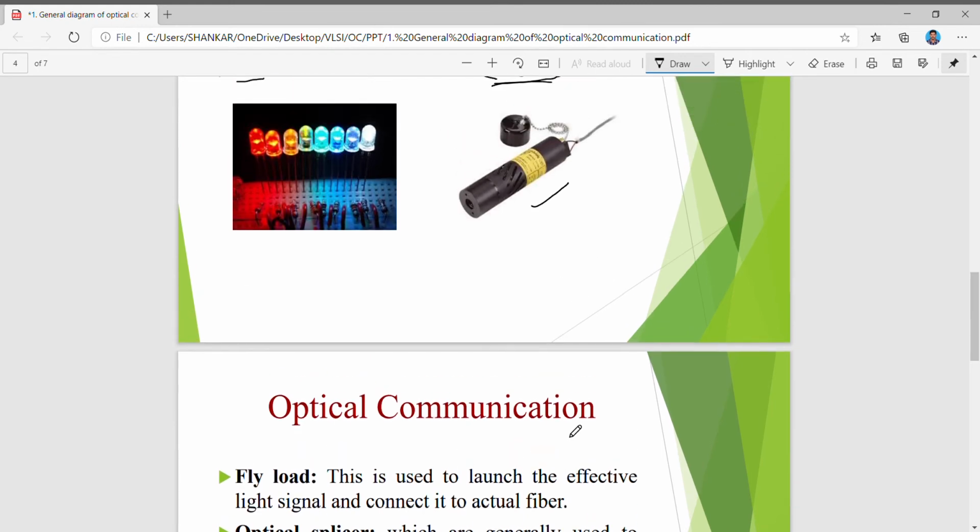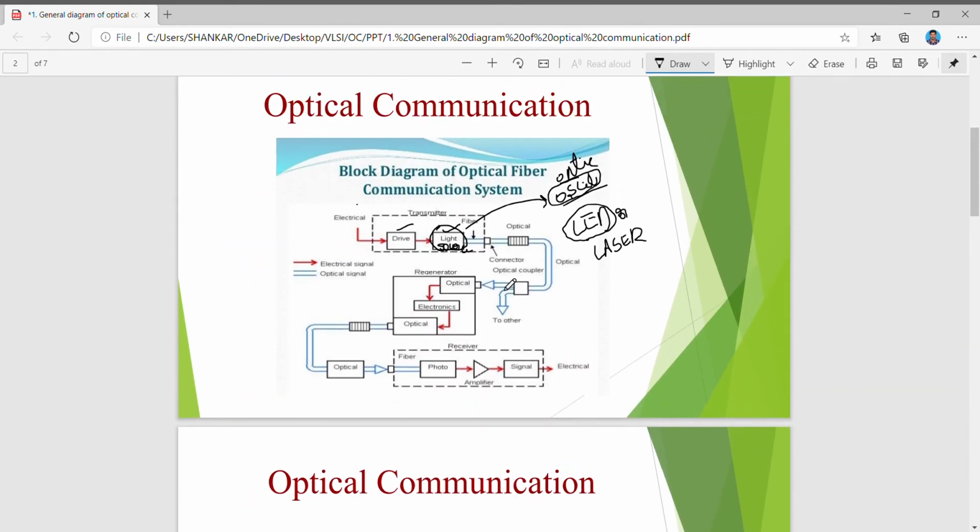And what is the next block here? This light source is connected to the medium, which is an optical fiber cable. The output of the light source is connected to the fly load, represented here.